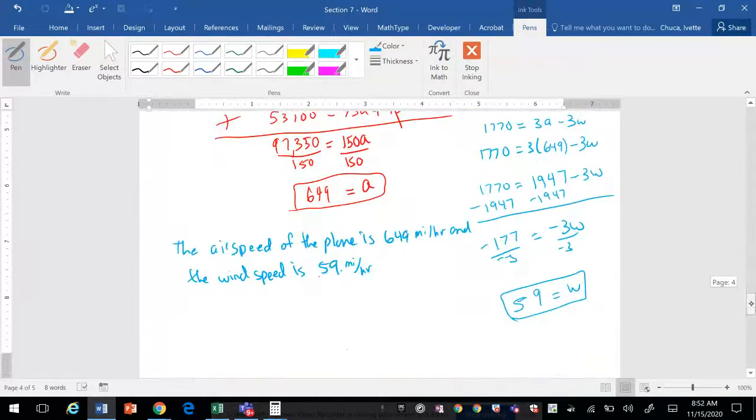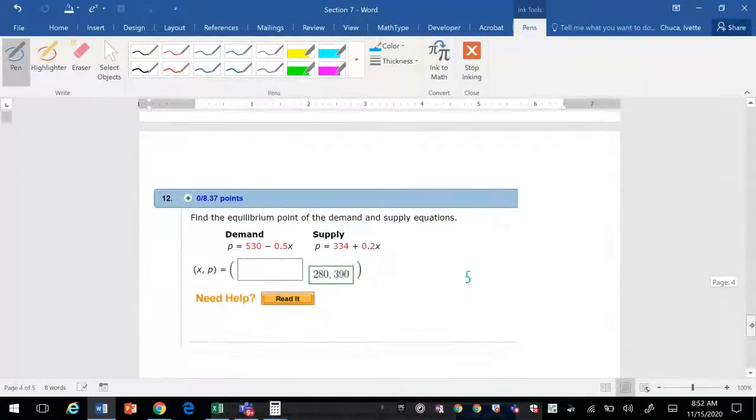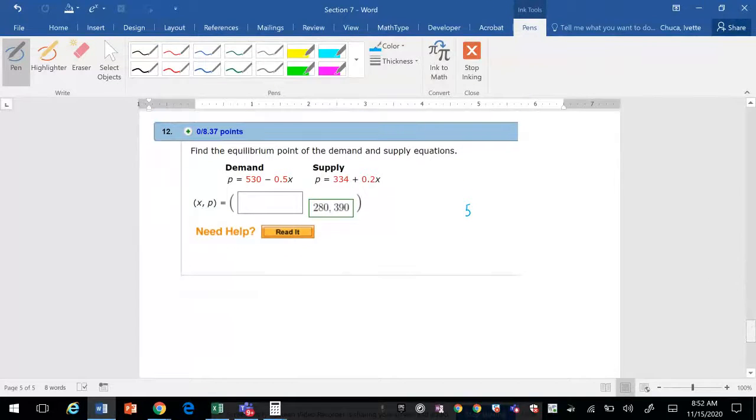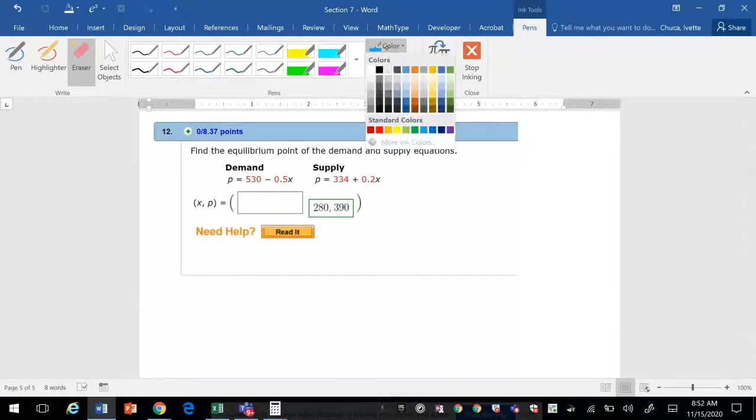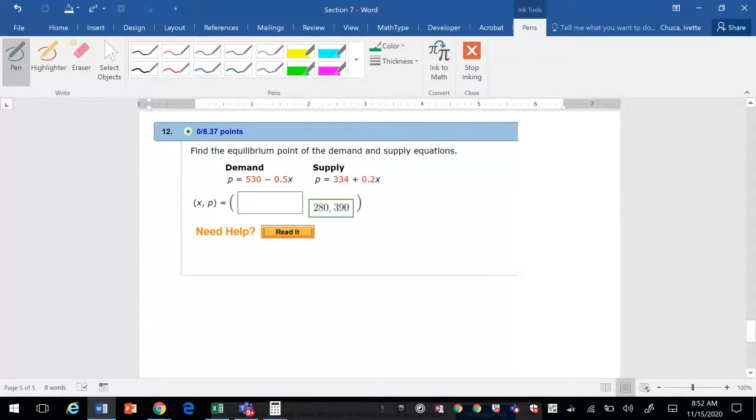So let's go on to the next question, number 12. Find the equilibrium point of the demand and supply equations. So they gave us two equations.